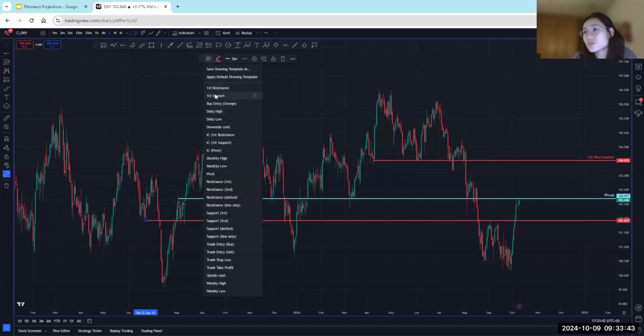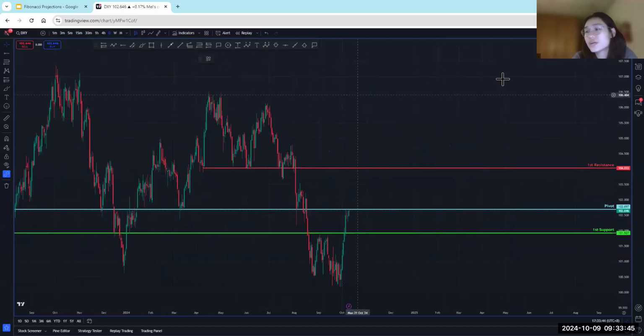Okay, this is my first support. Now going in with our retracement first. For retracement, we use this Fib retracement tool.